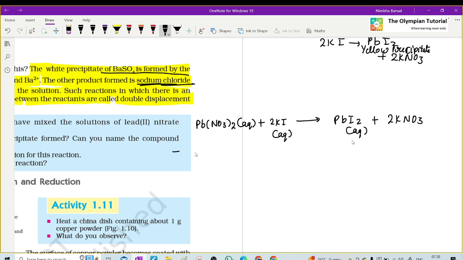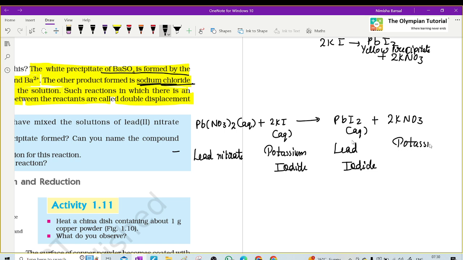So this is lead nitrate. This is potassium iodide. This is lead iodide. And this one is potassium nitrate.